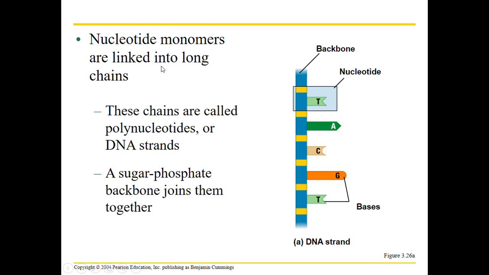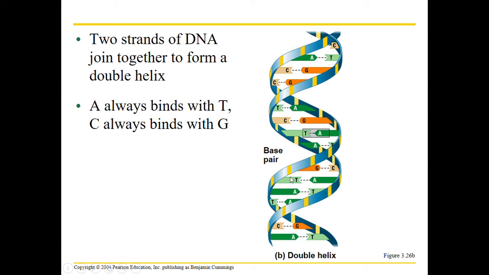And nucleotide monomers are linked in this long chain, which you could refer to as polynucleotides, but we're just going to call them DNA strands. And then, again, we have this sugar phosphate backbone that joins them together. Then two strands of DNA will come together to form this double helix.